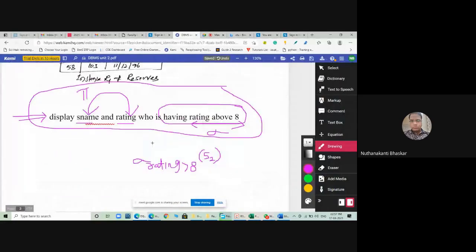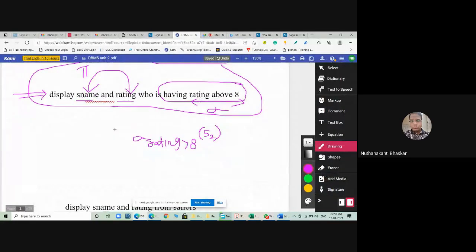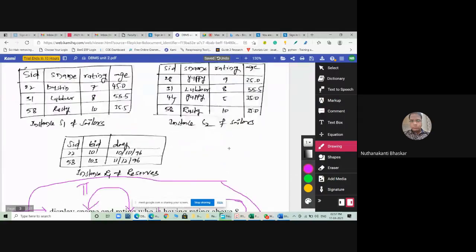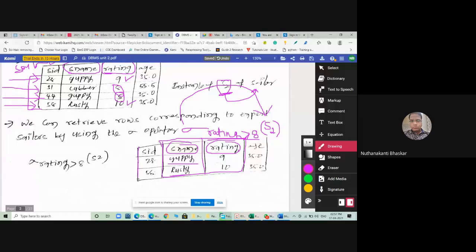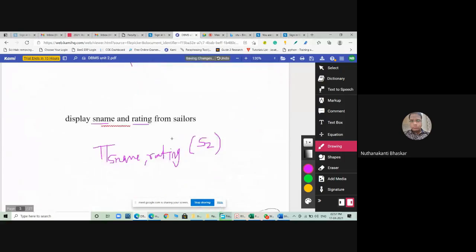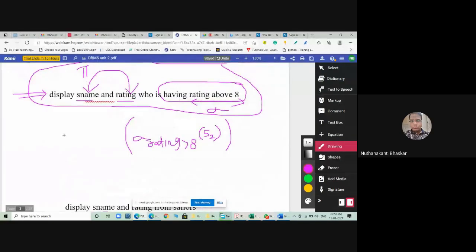So here I want S name and rating. We'll get this total, but for this I want only these columns. That's why I'm applying projection: projection of S name, comma, rating.